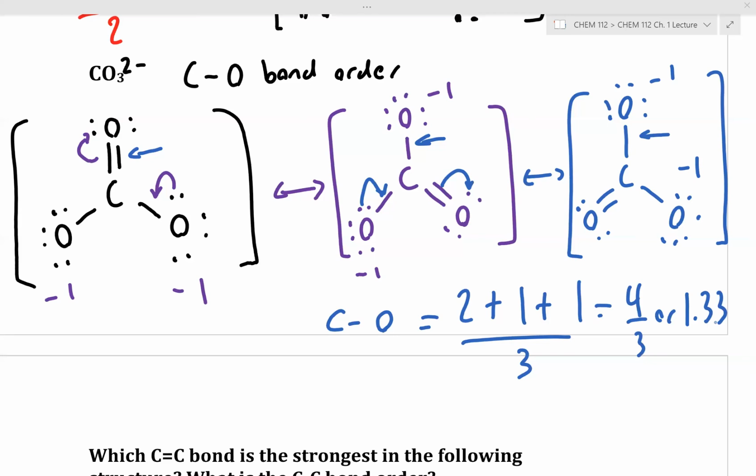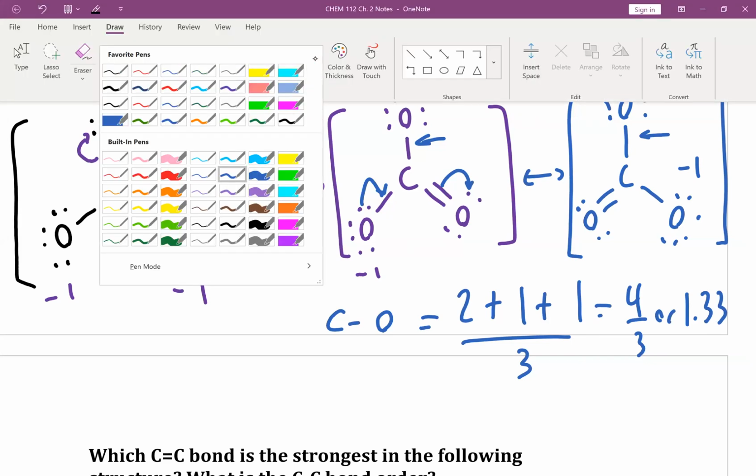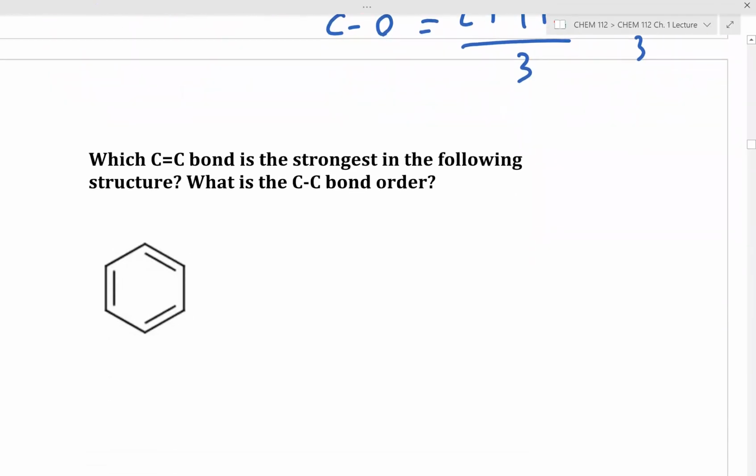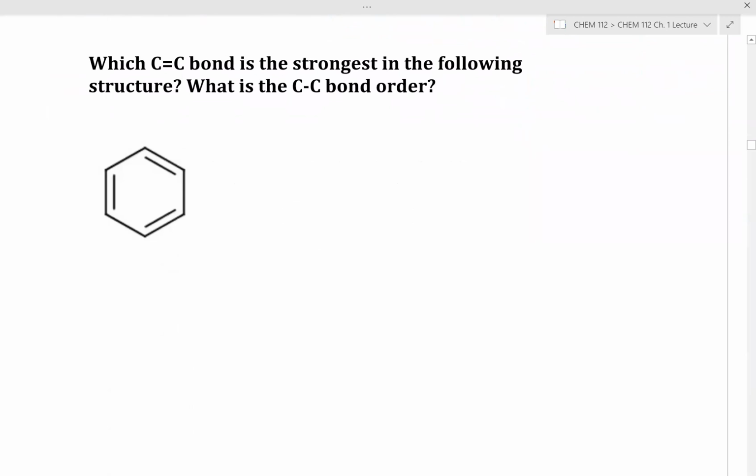Okay, so what I want us now to do is to apply this idea of resonance effects on bond order. And I'd like you to tell me, looking at the structure of benzene, let's try to identify which carbon-carbon double bond is the strongest, and let's identify the carbon-carbon bond order. We'll do this one together.